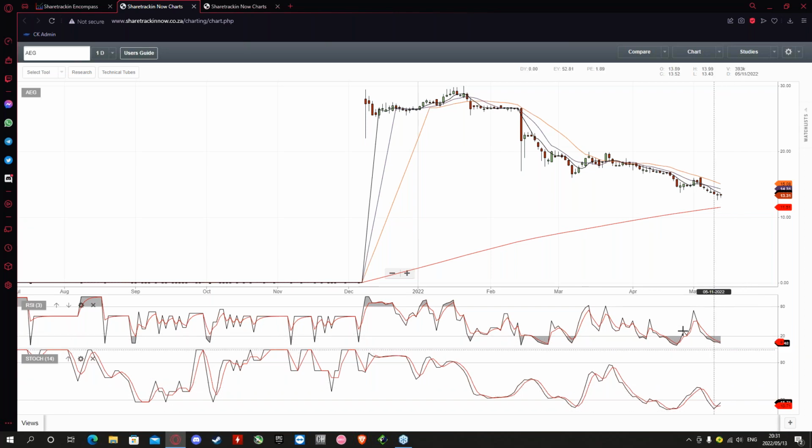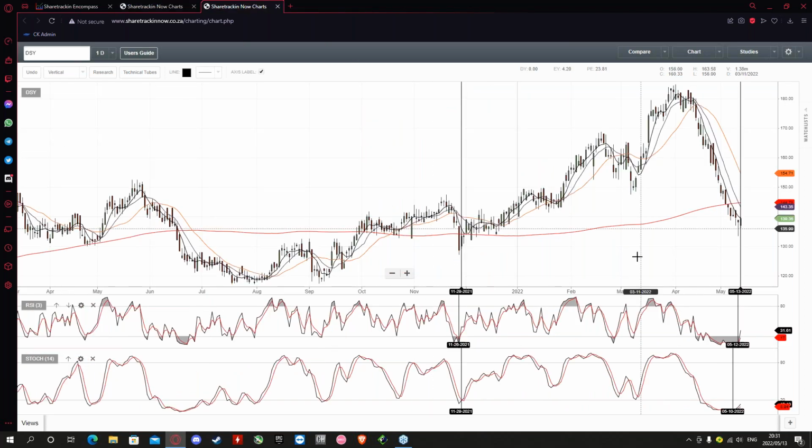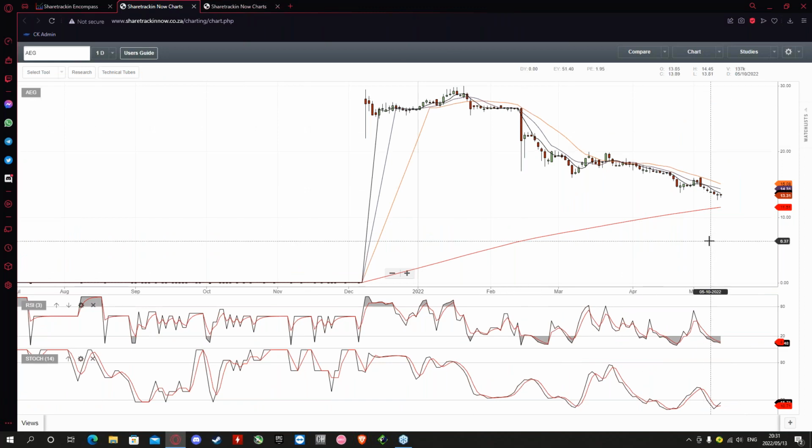So Discovery was a good one to go and select because there are crossovers. So it's really important when you go to a chart to understand that if it says buy, it won't always be a buy indication. It's because it only takes into consideration where it is on the chart and not where the crossover is on the chart.